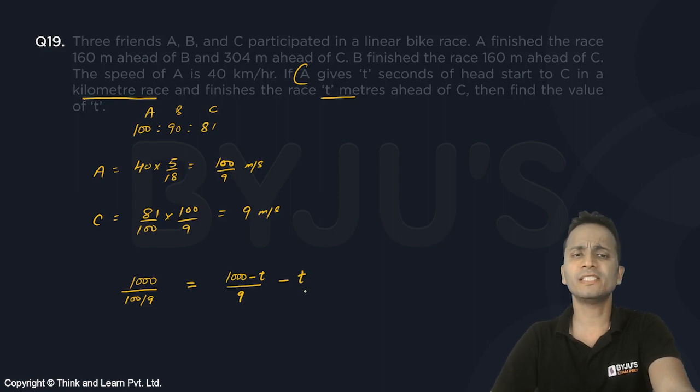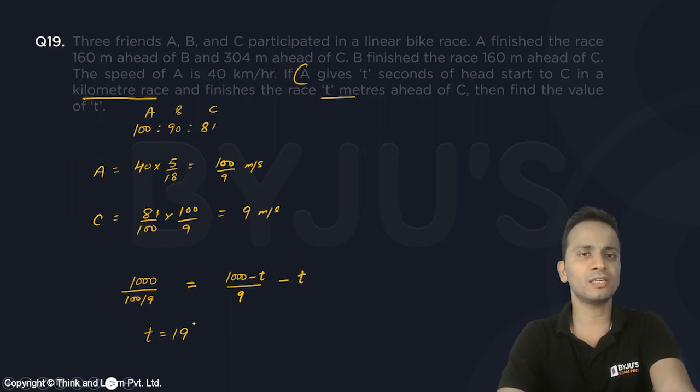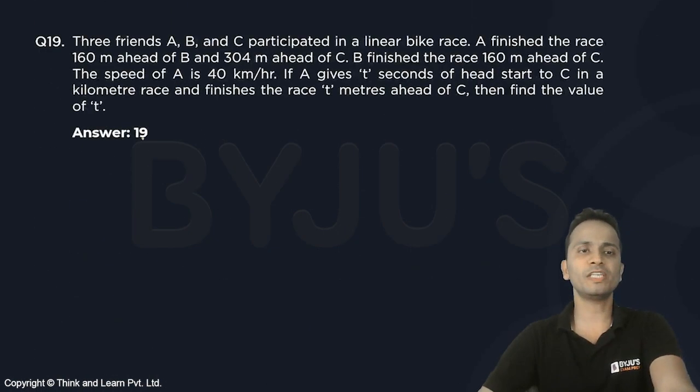Now, taking LCM on the right hand side and doing cross multiplication, you can solve for the value of t. So the value of t will come out to be 19. All right. This is what is asked in this question. So the value of t is 19 and that will be the correct answer.